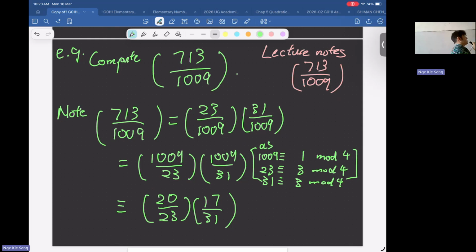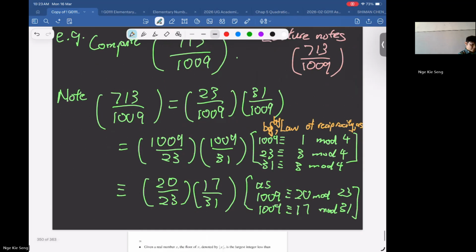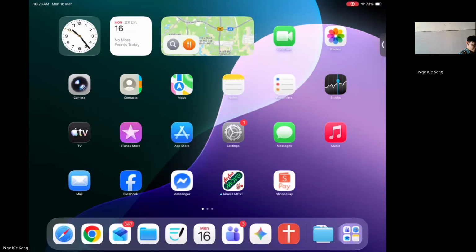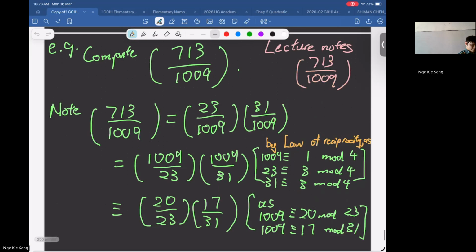Take 1009 mod 23, and then take 1009 mod 31.